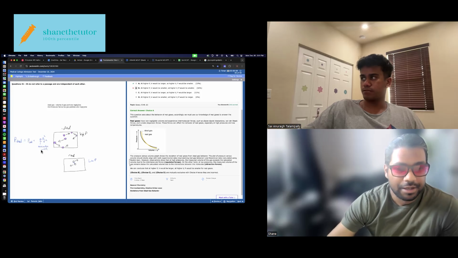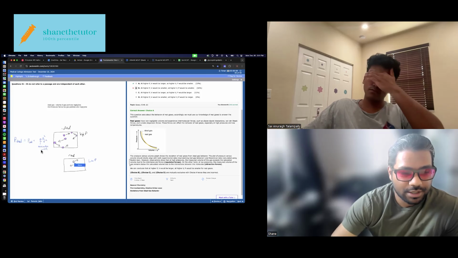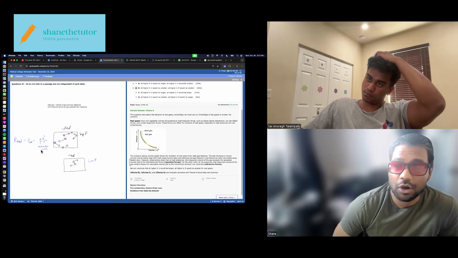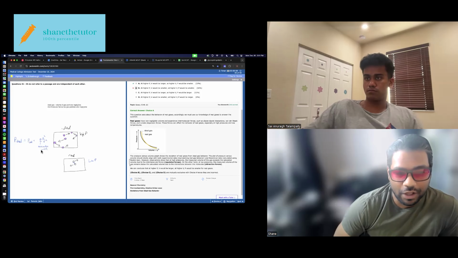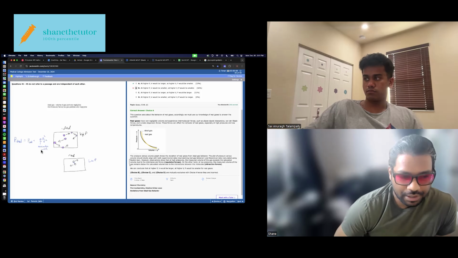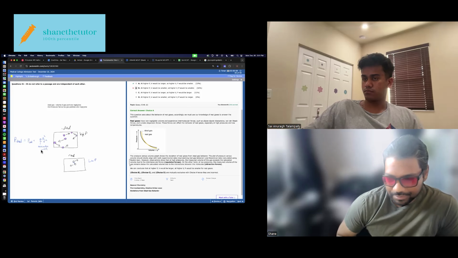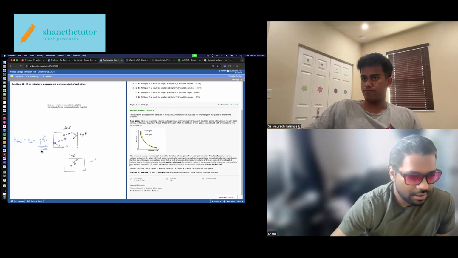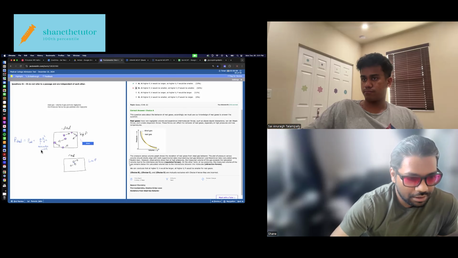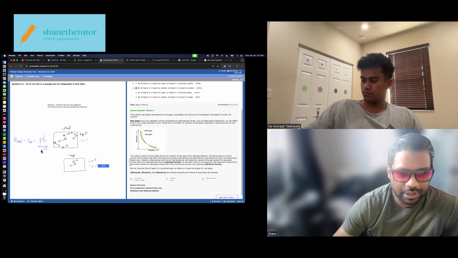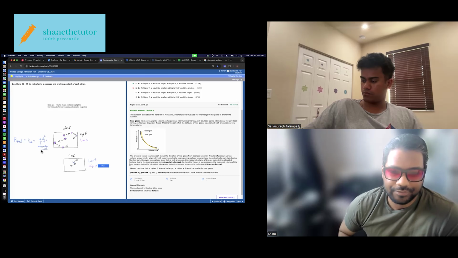But for a real gas, we don't treat the volume of the particles as zero, so they have their own volume. And if they have their own volume, the overall volume would be larger. So we can say low volume here, high volume there, right?